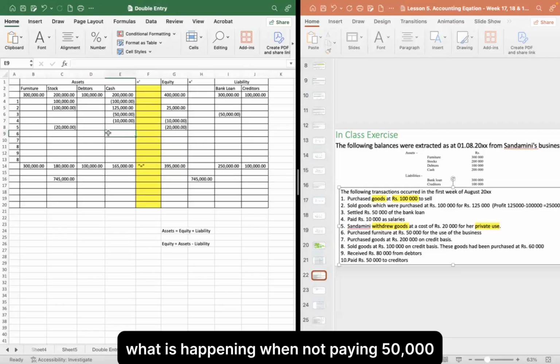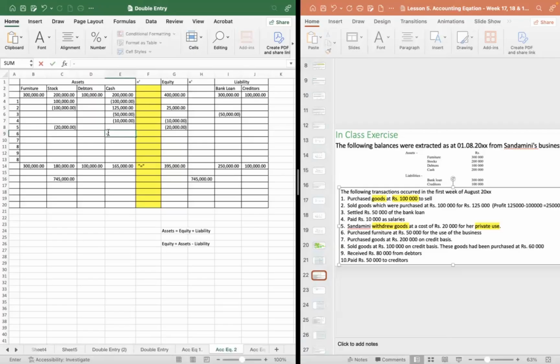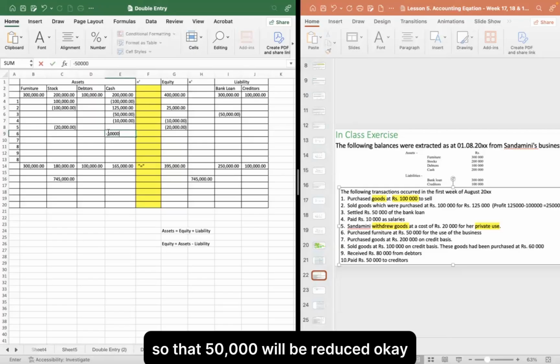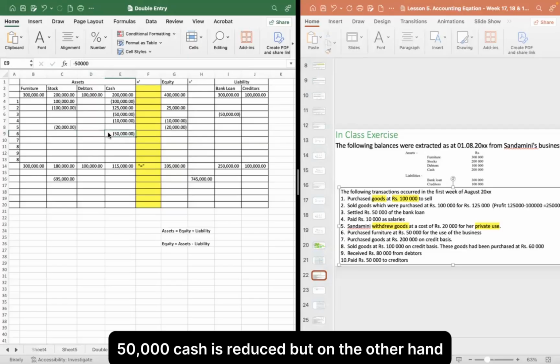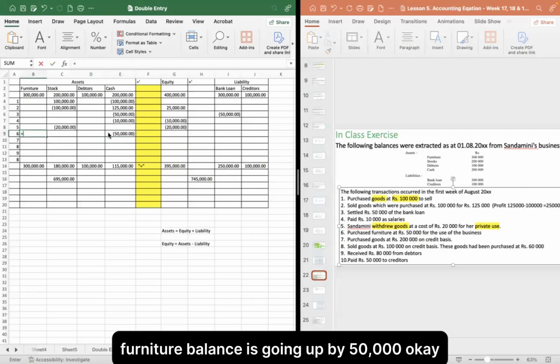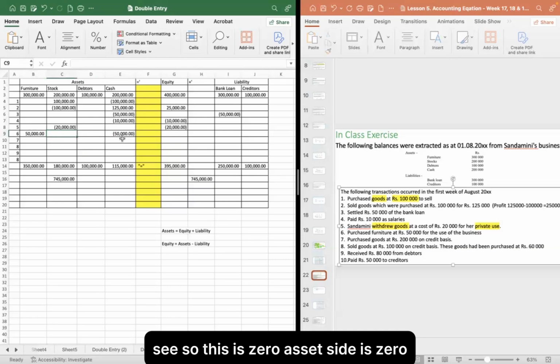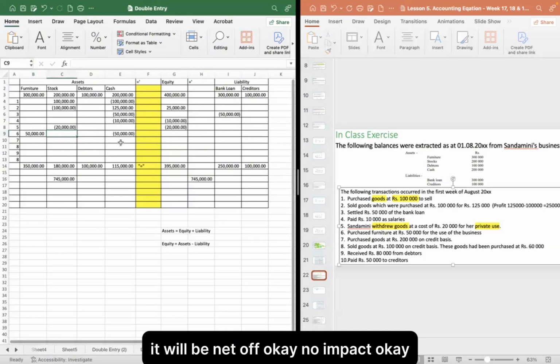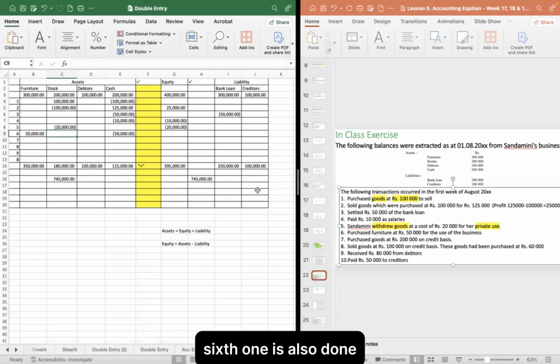What is happening when you are paying 50,000? ඒ 50,000 අඩු වෙනවා. So 50,000 cash is reduced. But on the other hand, furniture balance is going up by 50,000. See, so this is zero. Asset side is zero. It will be net off. No impact. Sixth one is also done.